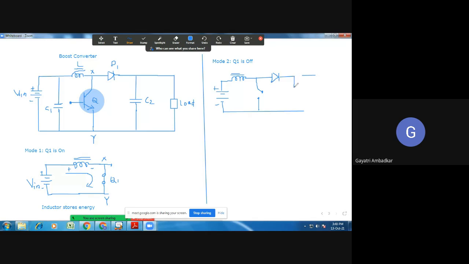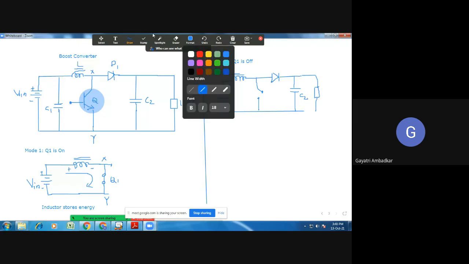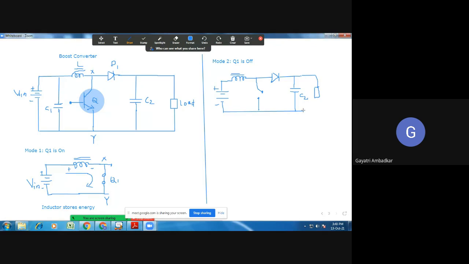Then there is a capacitor C2, and then there is a load. Okay.